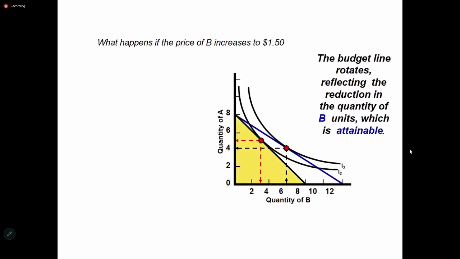I want to show the attainable section here. We need to discuss the equilibrium point. The budget line rotates, reflecting the reduction in the quantity of B units which is attainable. With this budget line, the earlier equilibrium point is not attainable because the budget is not there. You may remember the previous combinations we gave.